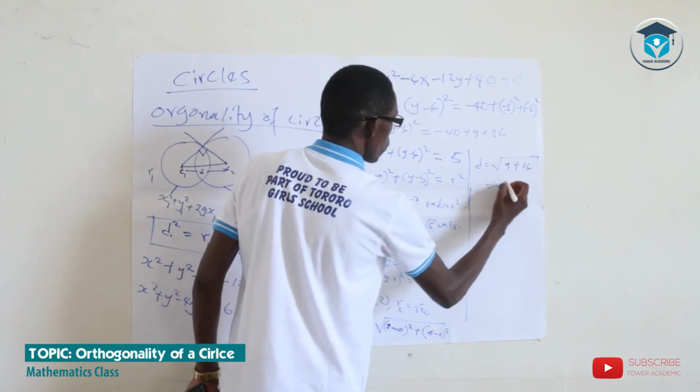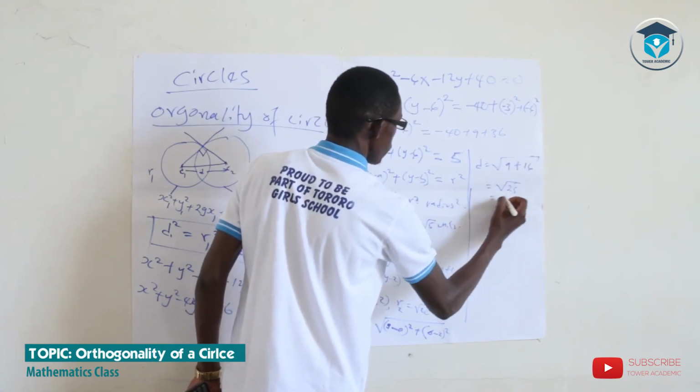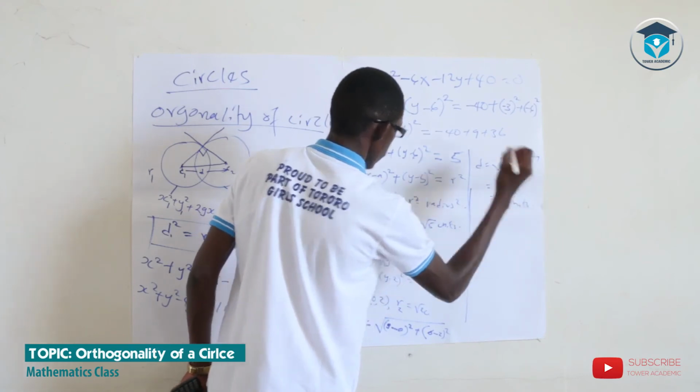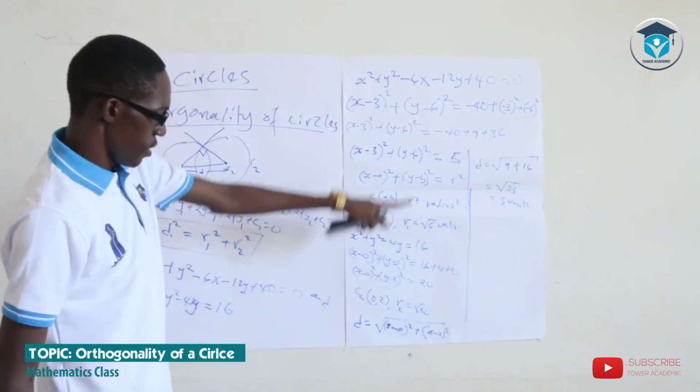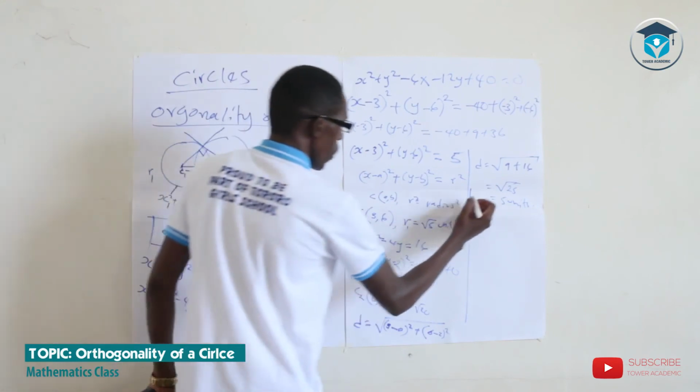So this gives us root of 25, which gives us 5 units as our d.